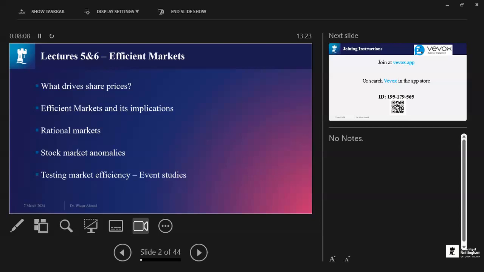What's the point if we can't make money out of it? If we can't use that information and see whether that information is useful or not? And lastly, we'll look at how we can test whether markets are efficient or not using event studies.